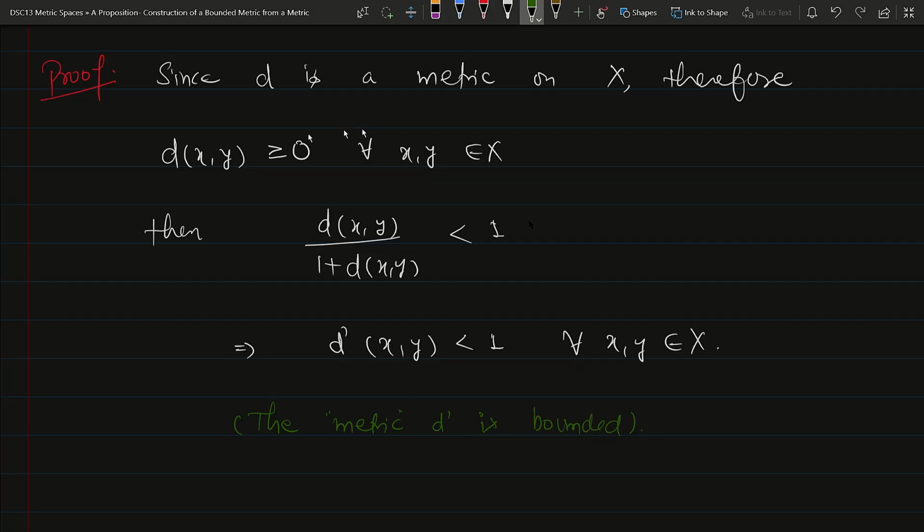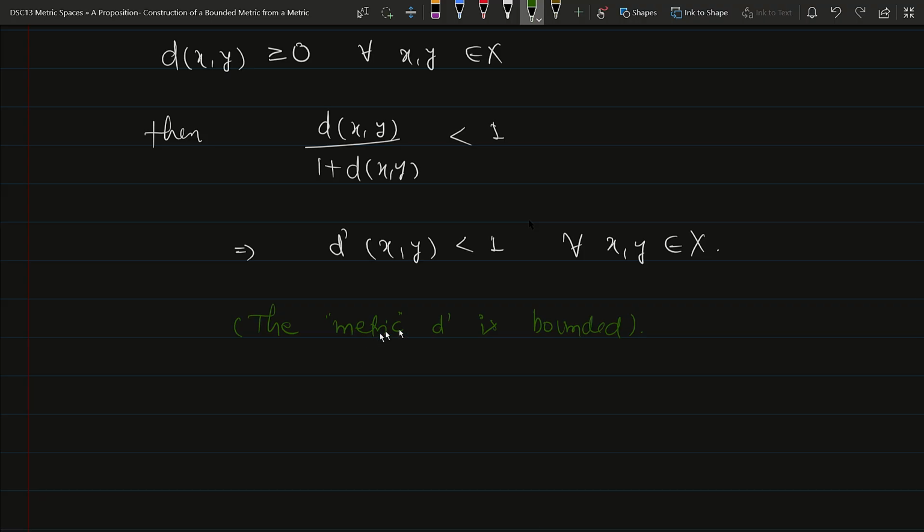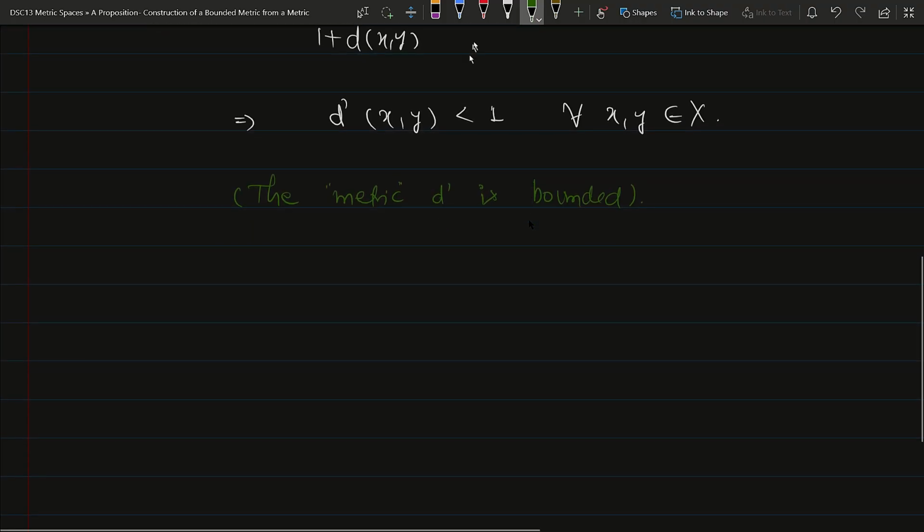Now come to the part of how this forms a metric. First of all, we need to identify that it is always non-negative.